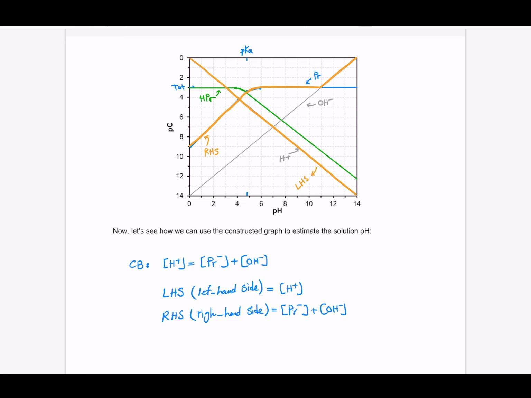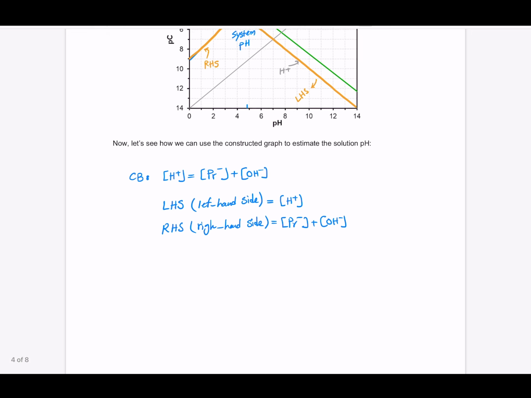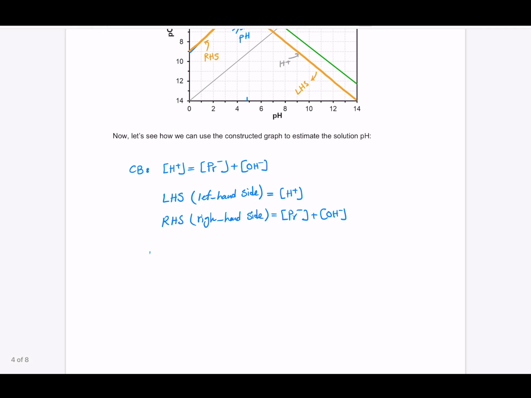So this would be the system pH, where LHS and RHS cross at a pH of almost 4.